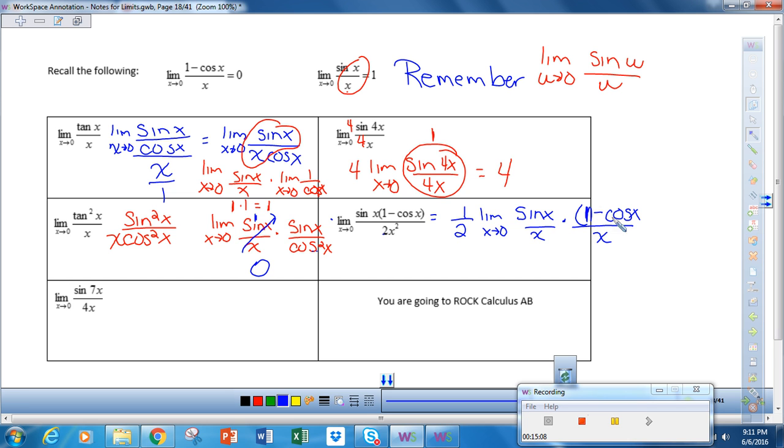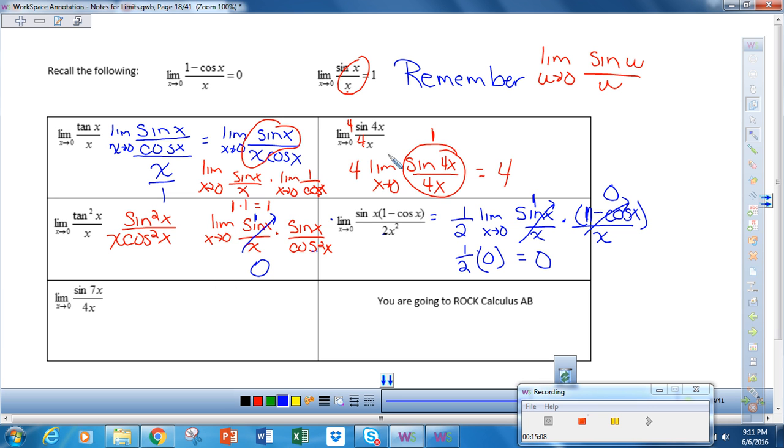There's a 1 there, you can't see it. Now, we know this limit is 1, and this limit is 0. So I have 1 times 0, and I get 1/2 this limit, which is 0, so my answer is 0.